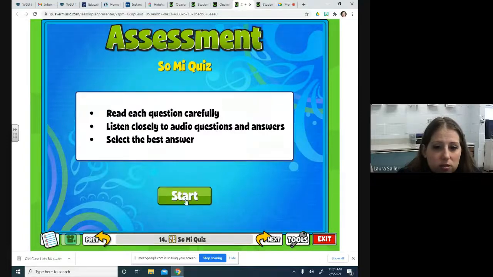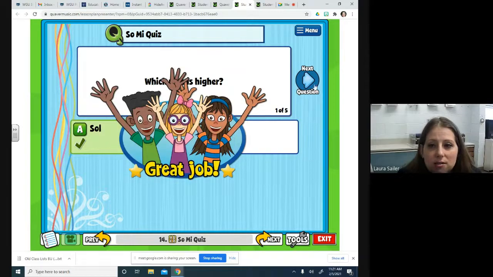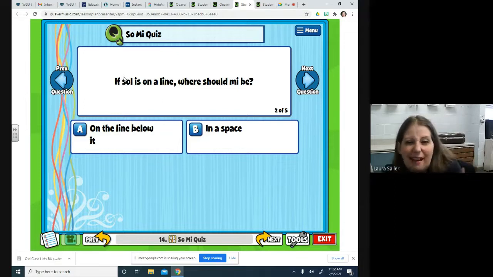So we click start and read the quiz. Which note is higher? So or mi? Hopefully by now you know that answer. Second one, if so, and sometimes we call so sol, it's the same thing. I prefer so for some reason. I don't like putting that L at the end.